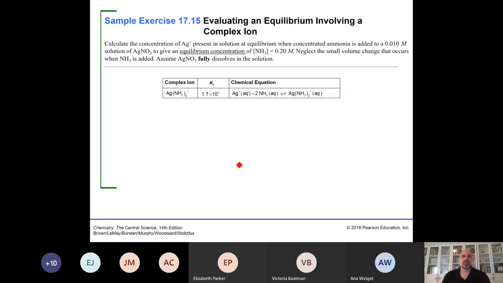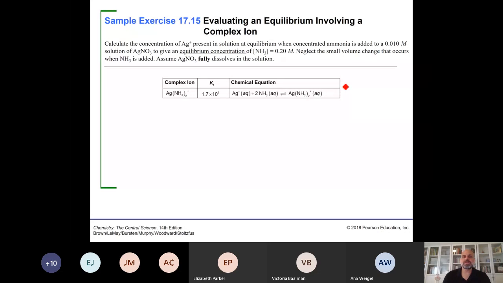And here's kind of a breakdown of the equation. I'm going to go quickly through this and discuss. So it says calculate the concentration of silver ions present in solution at equilibrium when concentrated ammonia is added to a 0.010 molar solution of silver nitrate to give an equilibrium concentration of ammonia of 0.20.